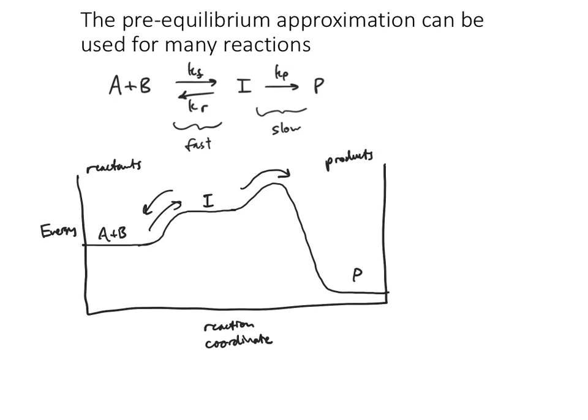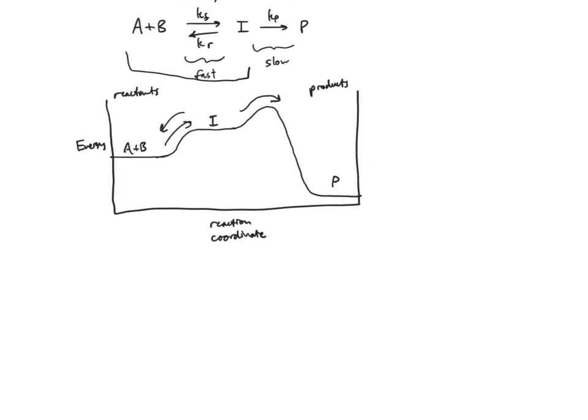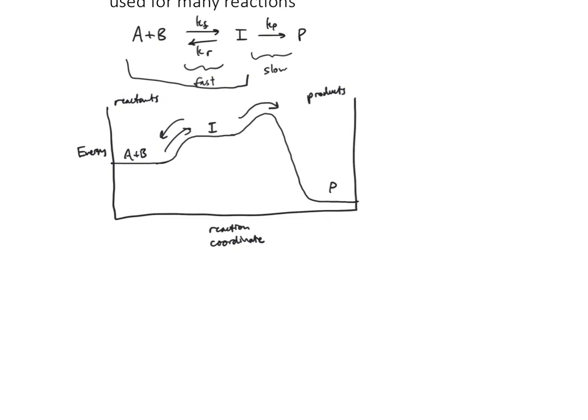And the reason why it's called the pre-equilibrium approximation is because these two steps to the reaction, from the reactants to the reaction intermediates, are in equilibrium. Okay? And we can take what we learned from reversible reactions and we can use detailed balance. Hopefully you remember that from the last chapter.